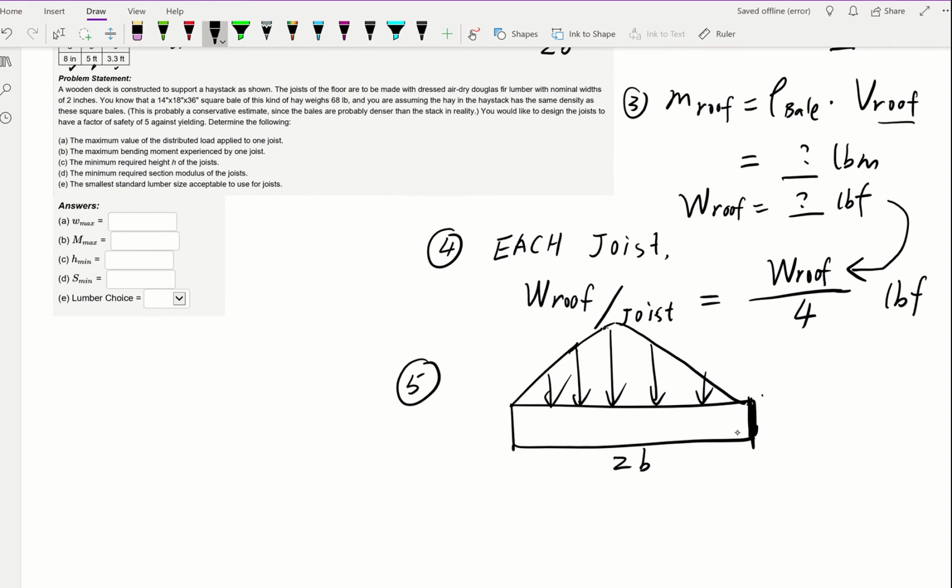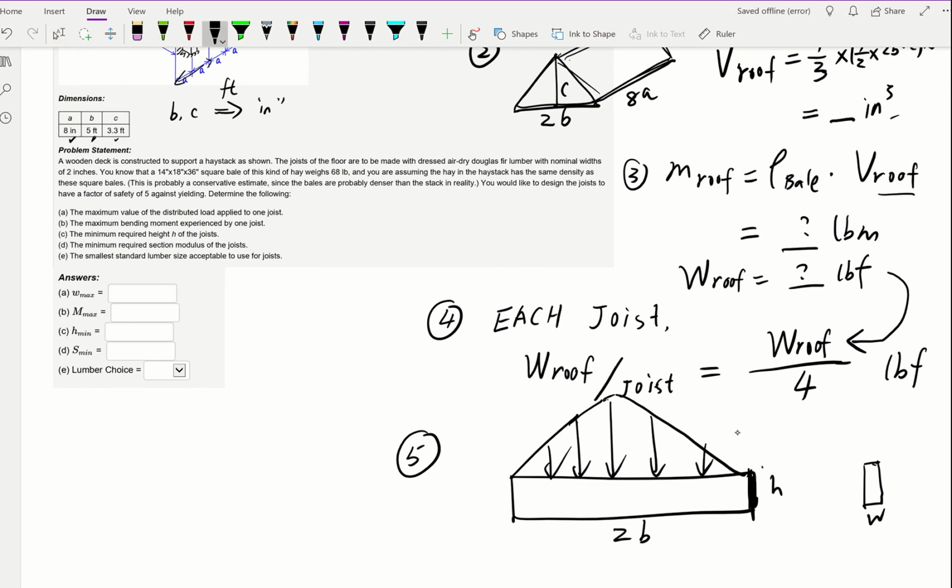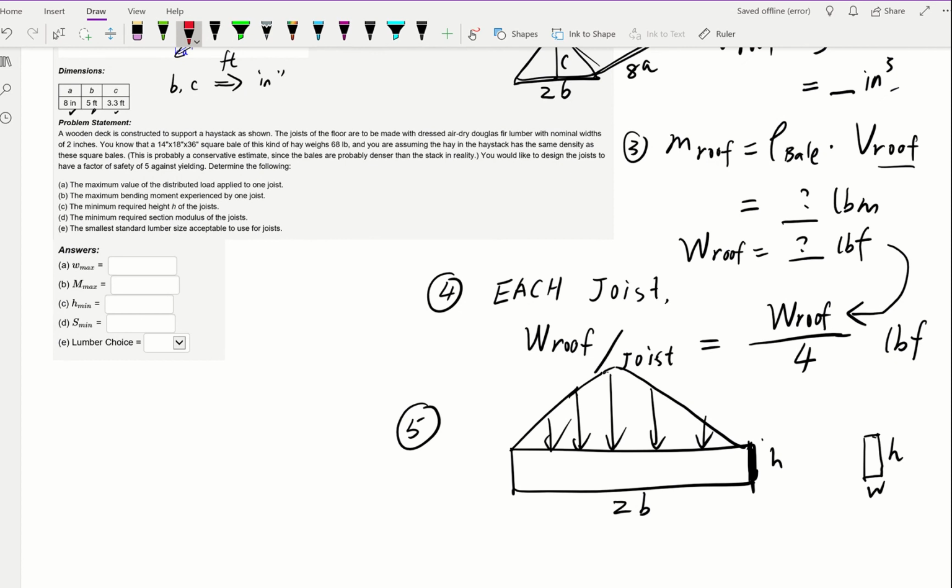And the cross section is a rectangle, and the width is w, and the height is h. Then the first thing we need to figure out is the maximum value of this distributed load applied at one joist, which is right here. That's our peak. That's going to be our maximum value. That's what we're solving. That red point, that's the summit.